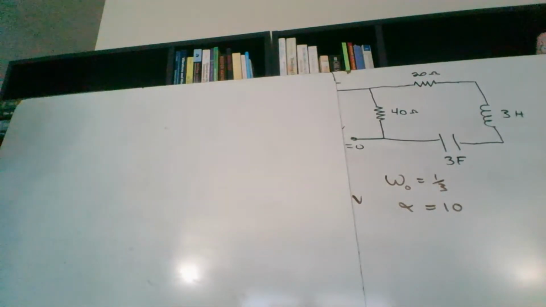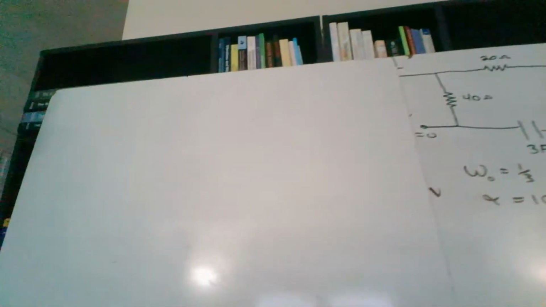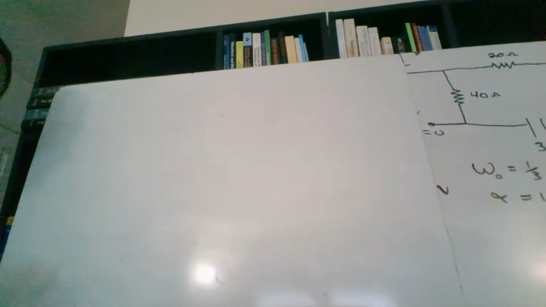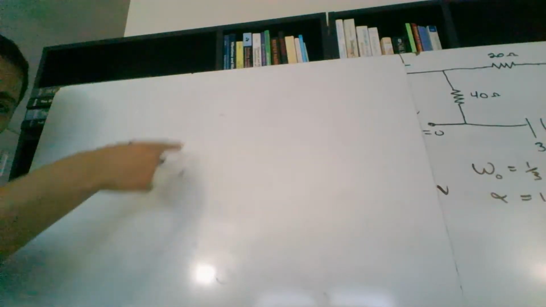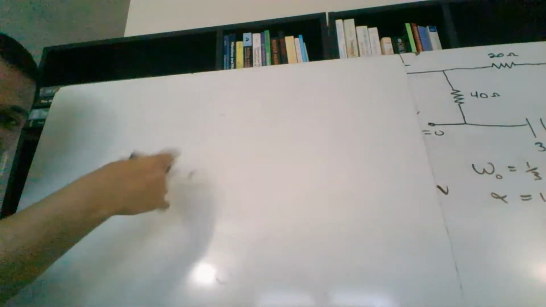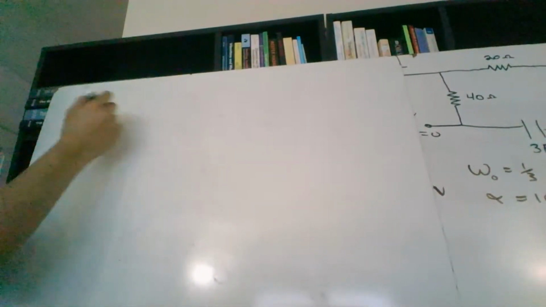Now, the equation for this differential equation is going to be exactly the same for voltage as it is for current. The way we solved it yesterday was for current, but because it's a series circuit, the voltage is going to be the same. It doesn't matter. So we can rewrite our solution.